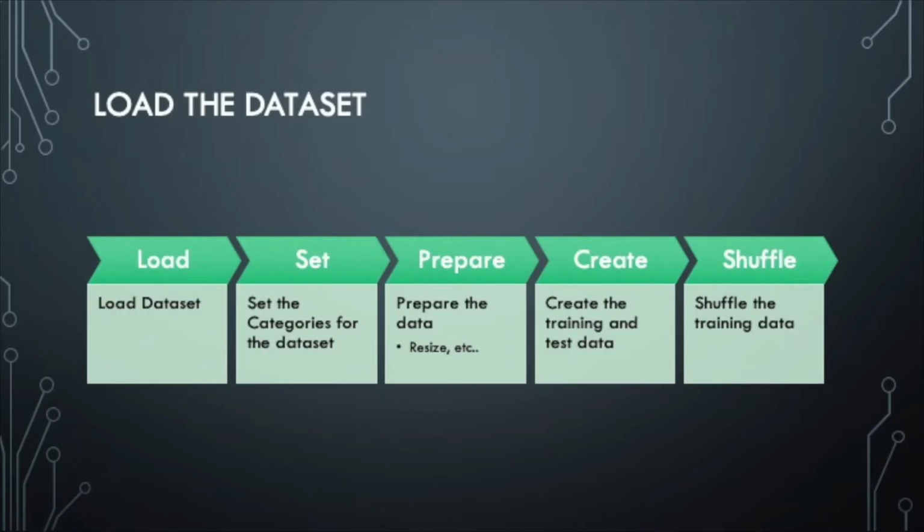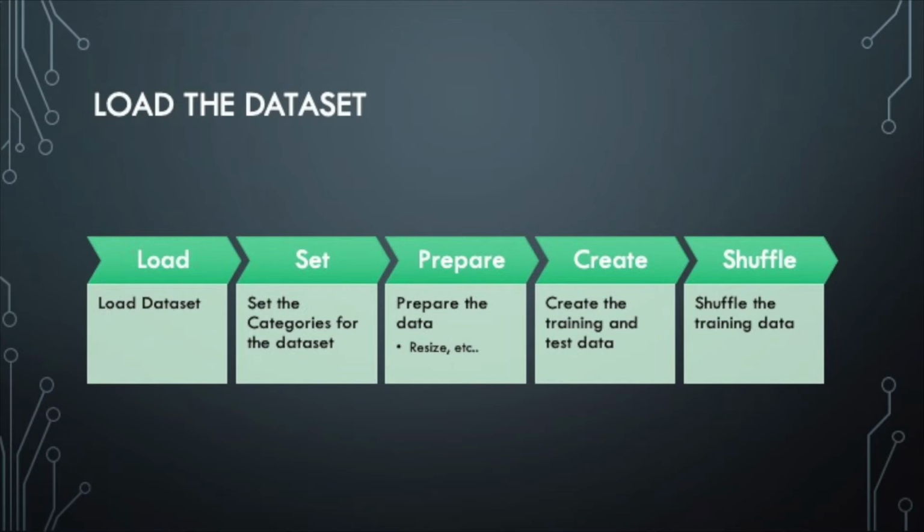Now that we have a general understanding of the process flow, I want to discuss what is happening within a few of these layers. So here's a simple workflow of how to load a data set. You first load the data set of images, so our directory of our example of cats and dogs. Then we need to set the categories for each data set.